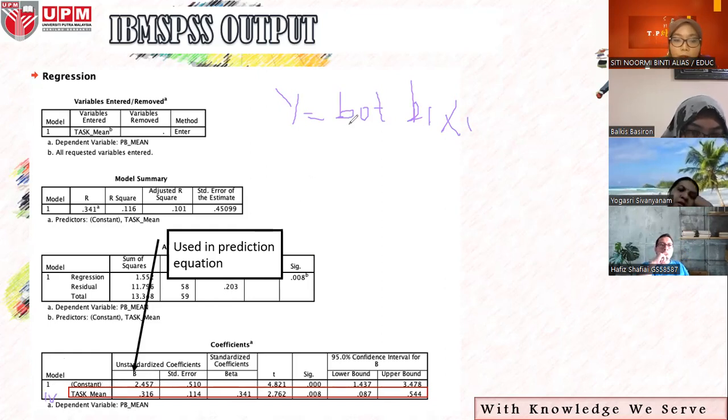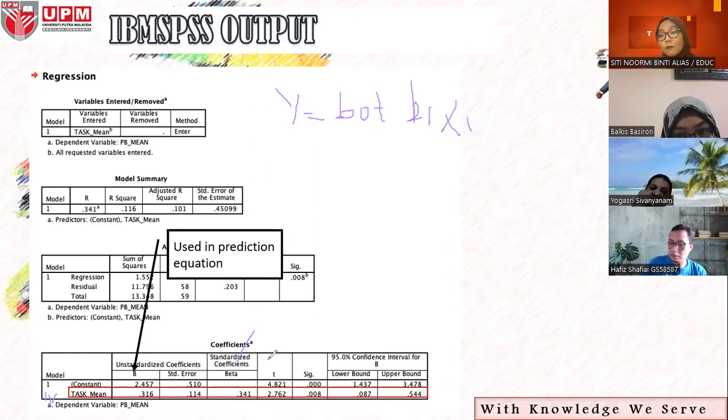Okay, so in the next column we can see that there are unstandardized and standardized coefficient beta. Standardized coefficient is used to interpret how much influence of our IVs toward the DV, how much variance in our DV has been explained by our IV.